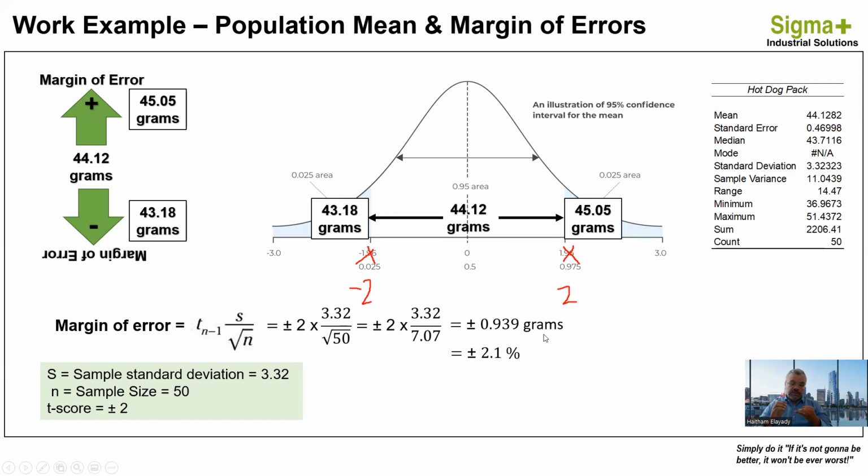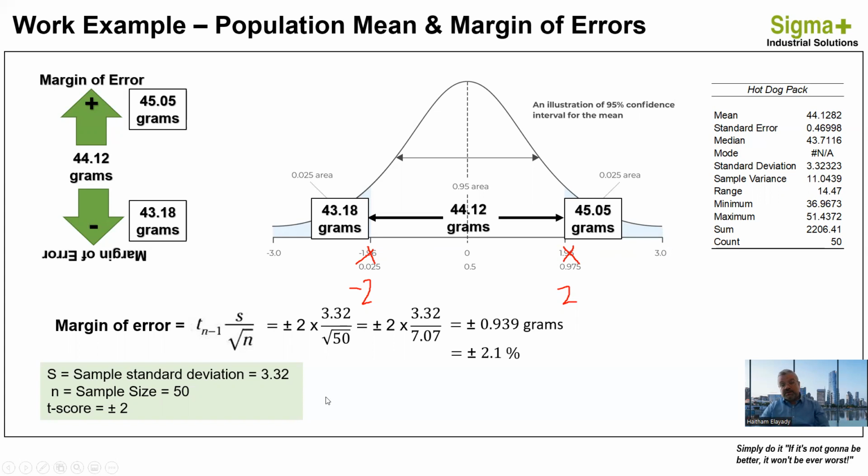Now, consider that for the same production line, we come later on after 1 month or 2 months or any time, and we want to make further statistical studies, but we want to calculate the optimized sample size in such a way that the margin of error will be ±1% instead of the 2.1%. What would be the sample size?